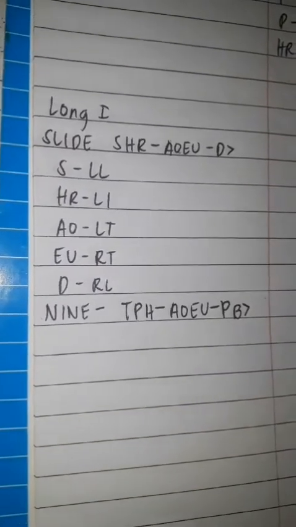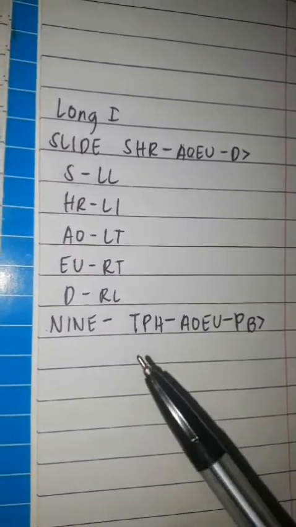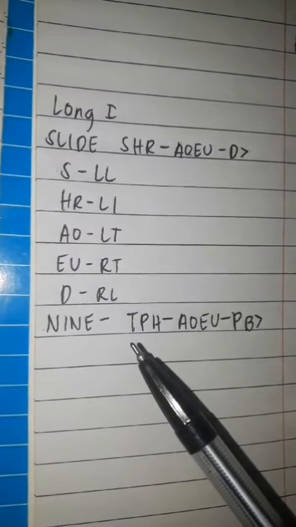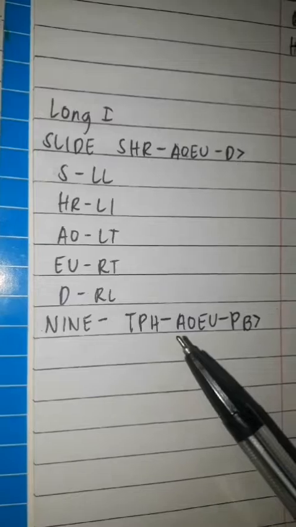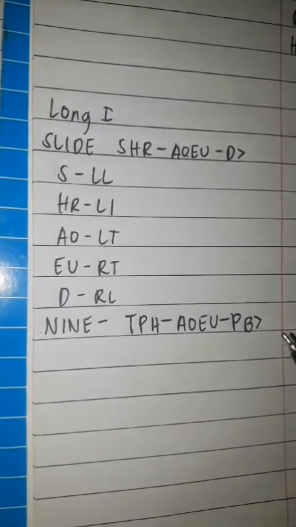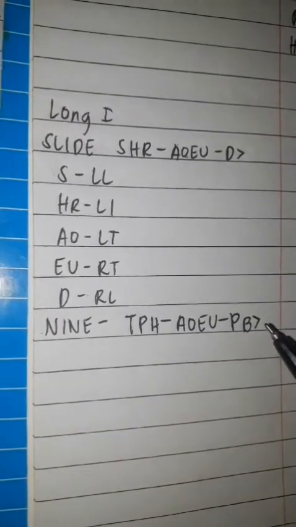So we have the word 9. The codes are initial letters T, PH, vowel AO, EU, and ending letters PB, then release.